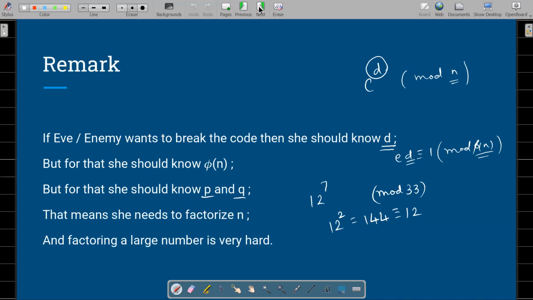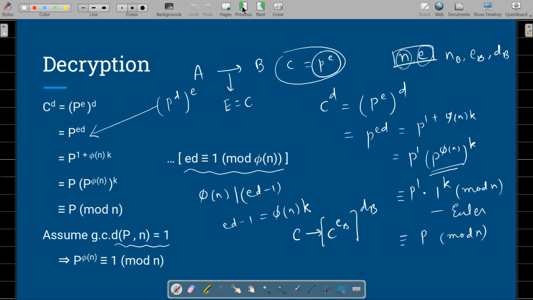So what the last slide says, then, is the hidden message. See, everyone is making N and E public. For example, A will make her N and E public. B will make N and E public. So A will know everybody's E, right?